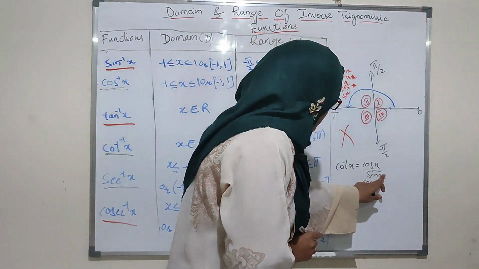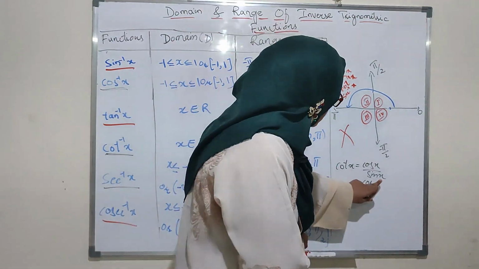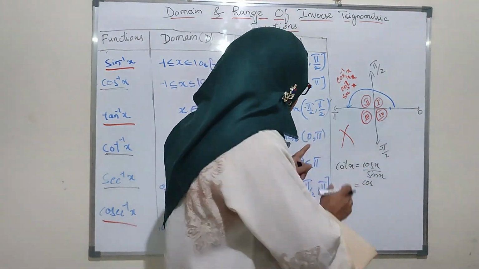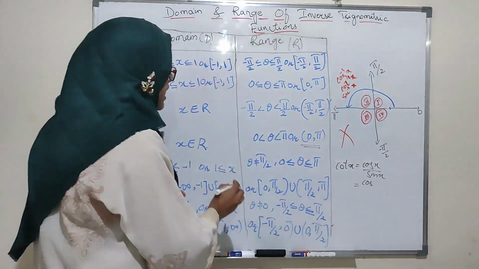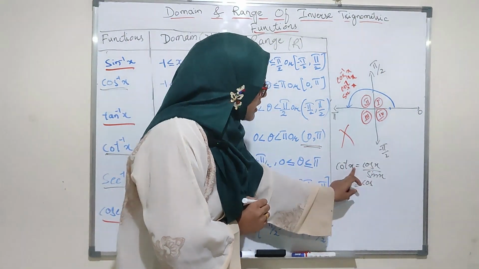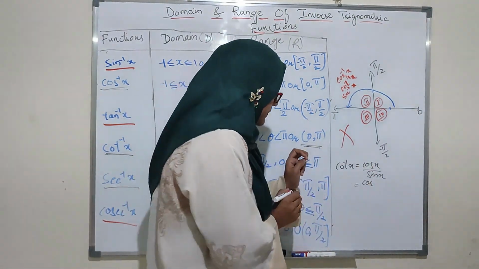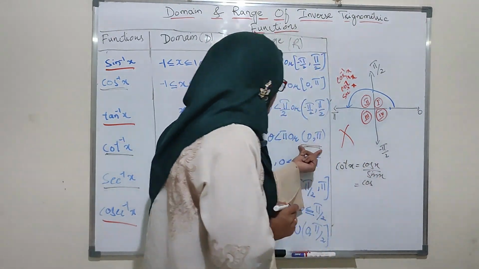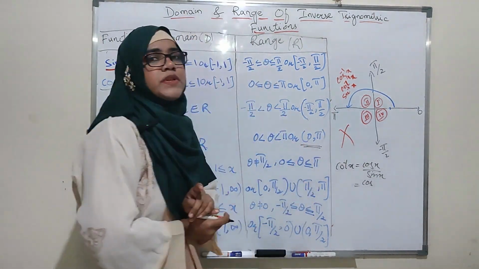If you replace x by 0 and pi, sine is not defined there. That's why for cot we are taking the open interval of 0 and pi.